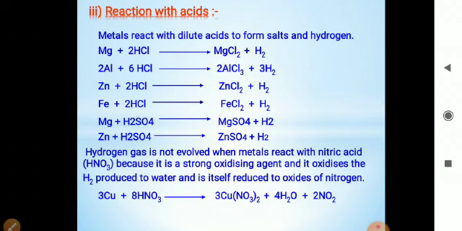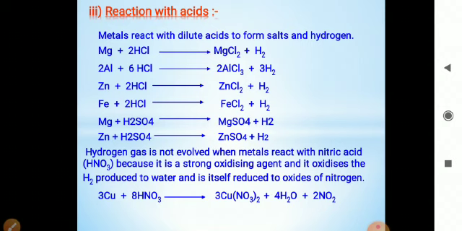Hydrogen gas is not evolved when metals react with nitric acid, because nitric acid is a strong oxidizing agent. As a metal reacts with the acid to produce hydrogen, that hydrogen gas is oxidized by the nitric acid to form water, and the nitric acid itself gets reduced to different oxides of nitrogen.